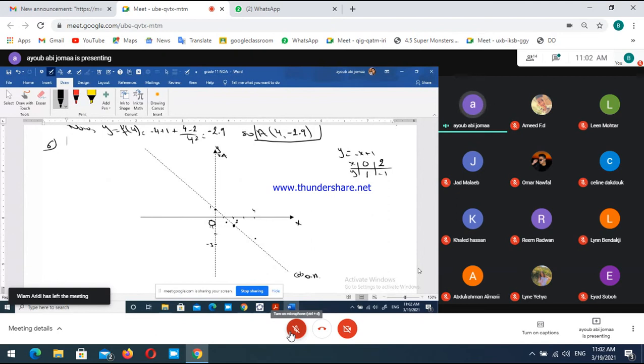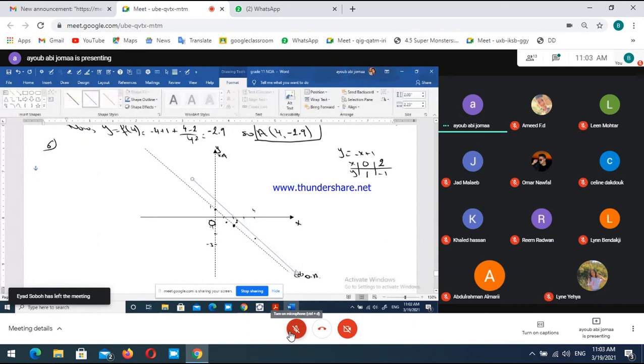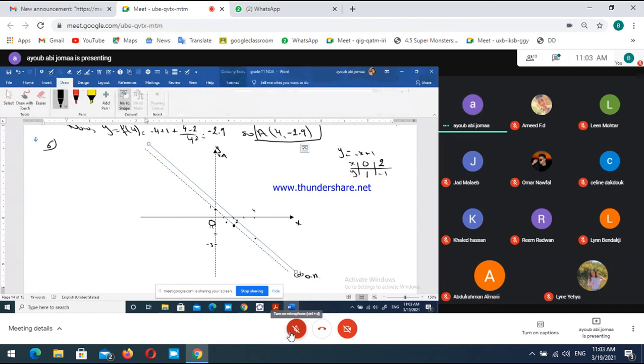Then the tangent line T, which is parallel to D and passing through this point, meaning the straight line T passing through point A. This is A, and this is the straight line T.